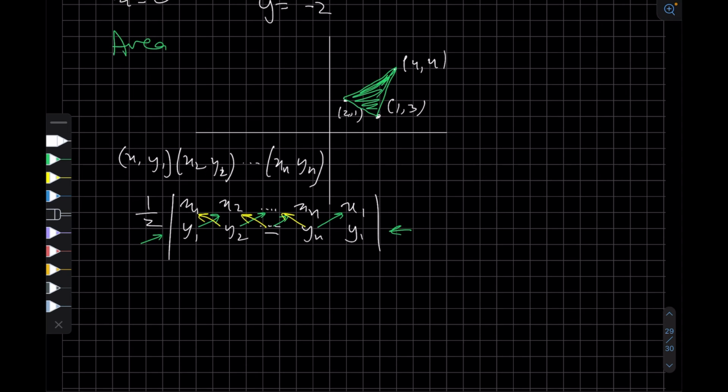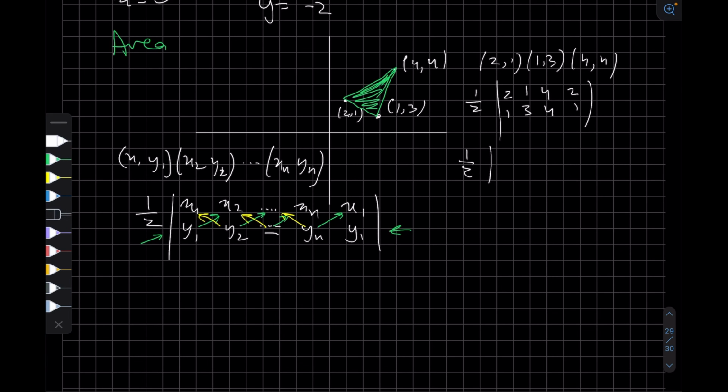So if you look at this example, we have the following coordinates: (2, 1), (1, 3), and (4, 4). If I arrange this, it would be 2 1, 1 3, 4 4, and then again 2 1. Actually, it doesn't matter whether you do this diagonal minus that diagonal or the other way, because of the modulus.